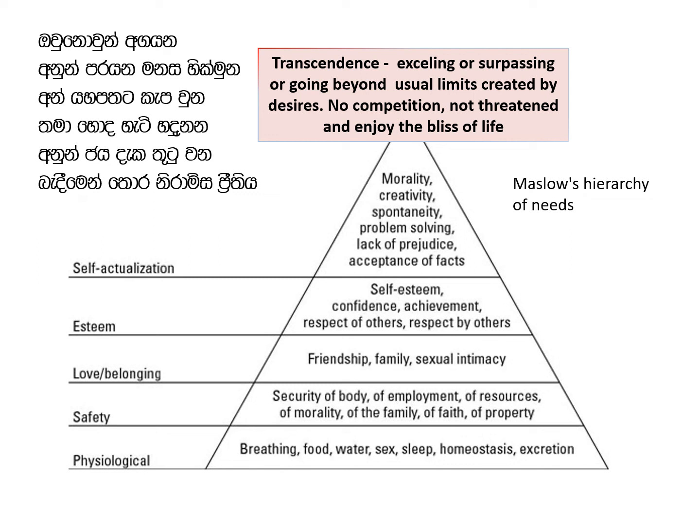So transcendence is where you excel or go beyond the usual limits created by those desires, where you are not trying to compete with others. There's no competition, you are not threatened by others, and you enjoy the bliss of life. I think that is the most important achievement that we should try to target.